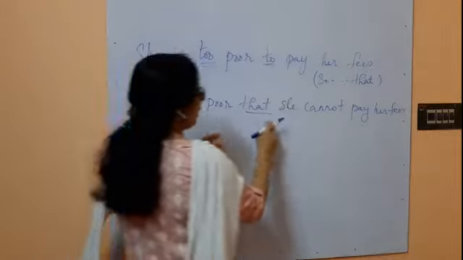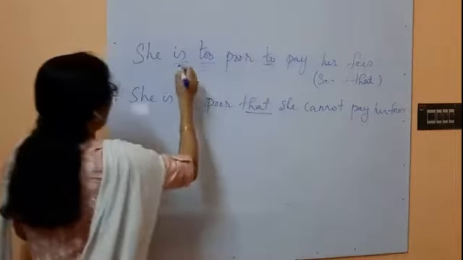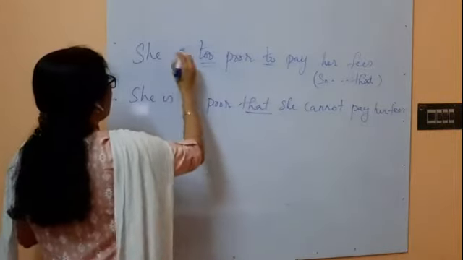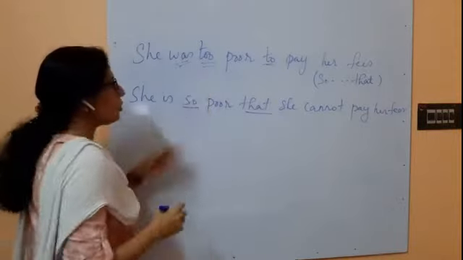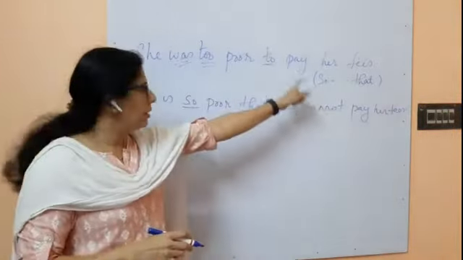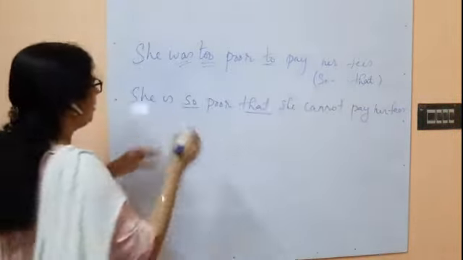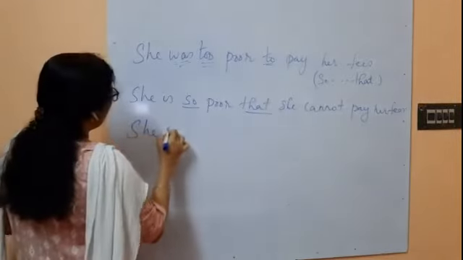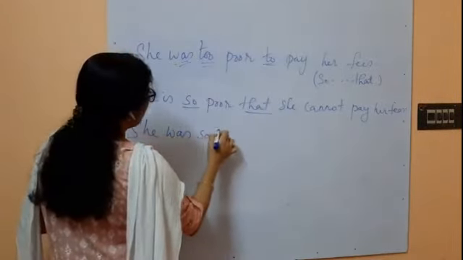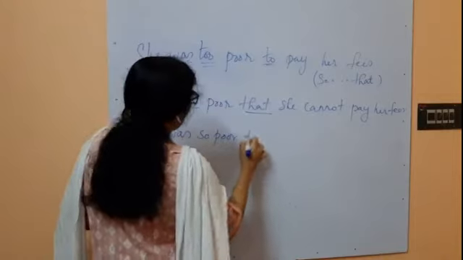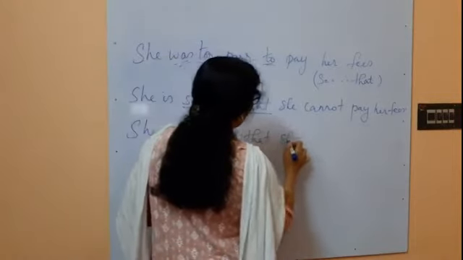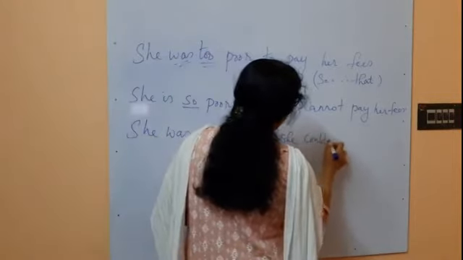She is so poor that she cannot pay her fees. And if the sentence is she was too poor to pay her fees, same with "so... that." She was so poor that she could not.